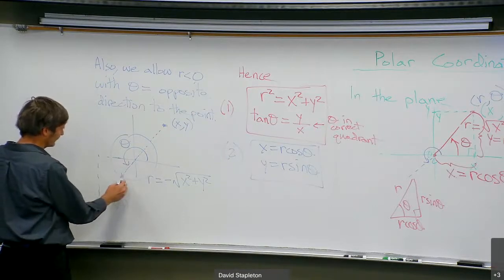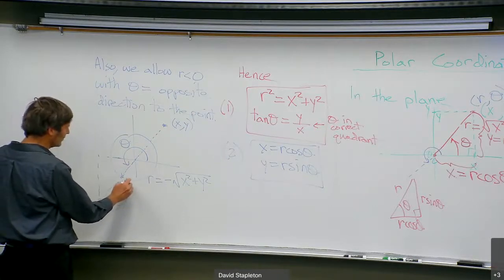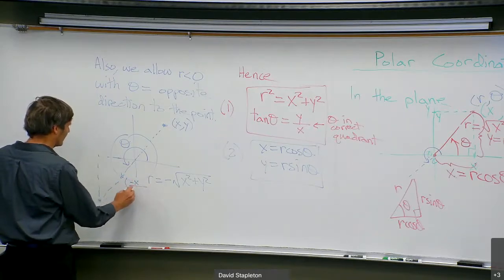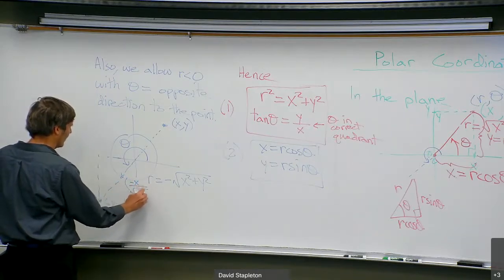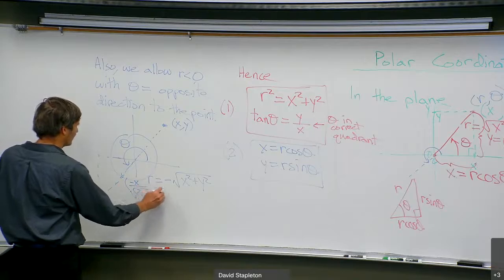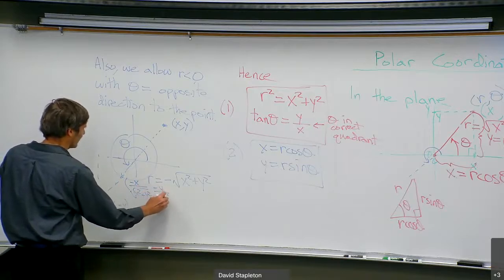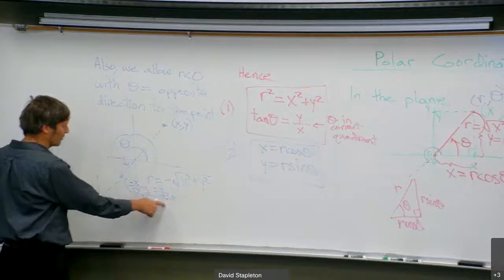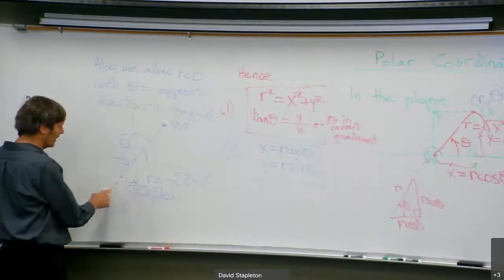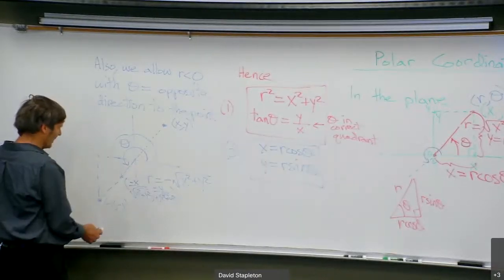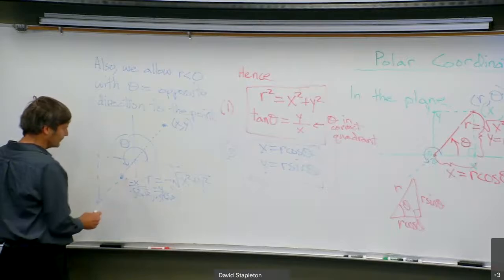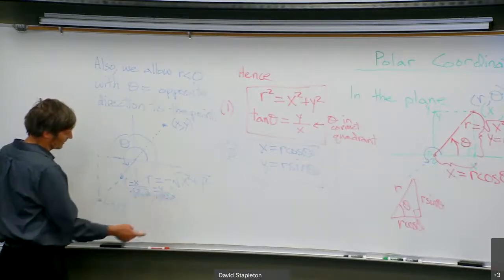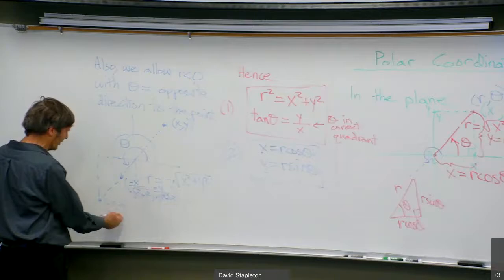Well, this point would be minus x over square root x squared plus y squared. This one would be minus y over square root x squared plus y squared. That's the corresponding point on the unit circle. If you divide by the root of the sum of squares, it gives you the point on the unit circle. It's the same direction. And you can tell if you take this square plus this square, you get 1, so it's on the unit circle, in the same direction because it's just a multiple of this.